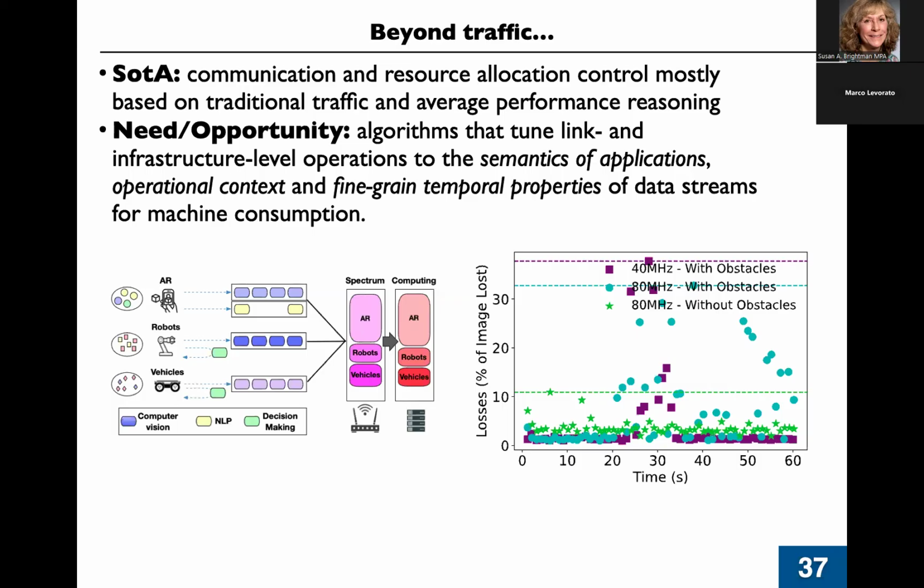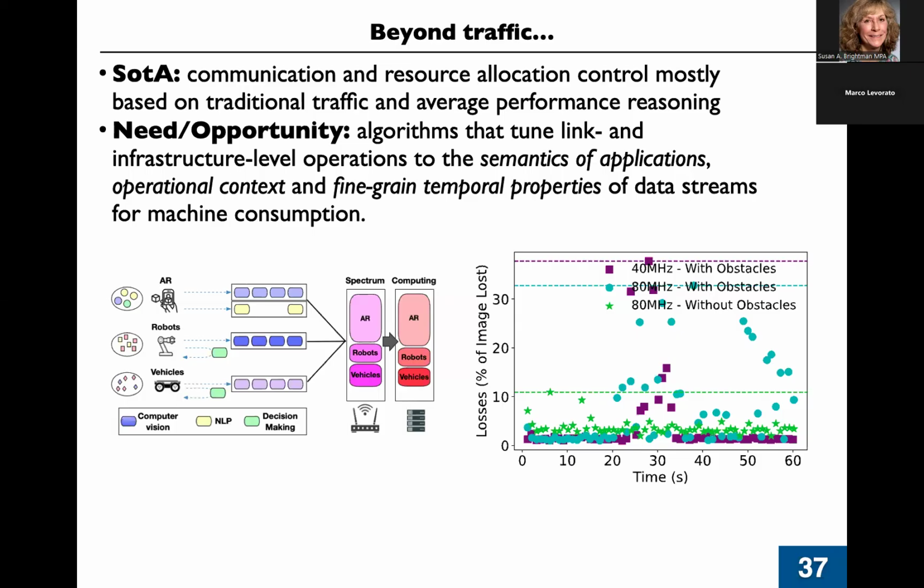But the general problem is that you don't want to reason just in traffic volume. You want to start to reason in terms of semantics. As I told you, there is a certain reflection between what you see in terms of complexity from a computer vision point of view and from a control point of view. So the amount of data, the bandwidth, the resources that you allocate should also reflect the data and the mission.